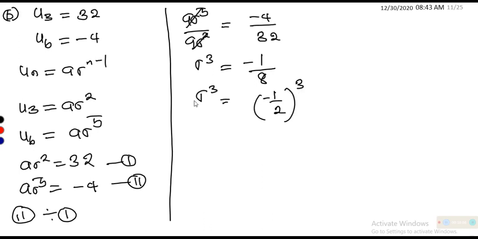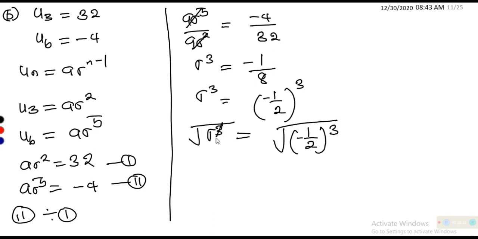Okay, so if we take the cube root of both sides, R equals the cube root of minus 1 over 2 raised to power 3. So we have R equals minus 1 over 2. That is the common ratio.